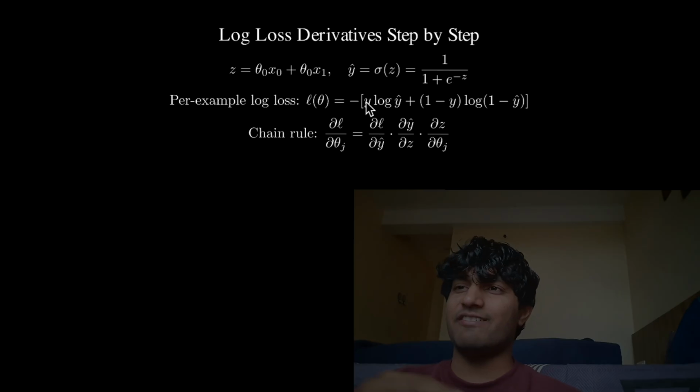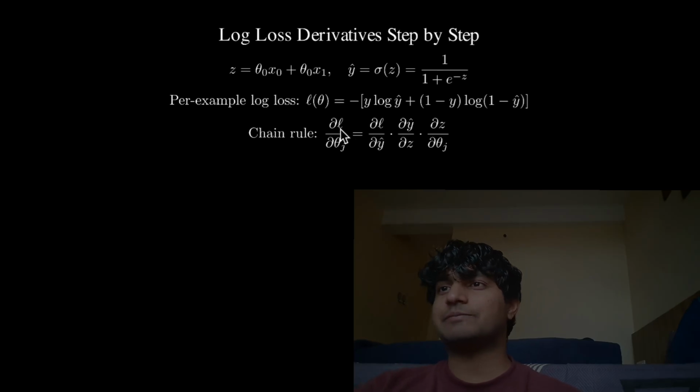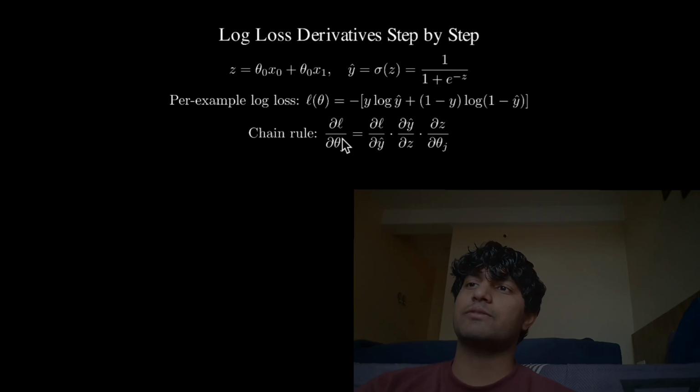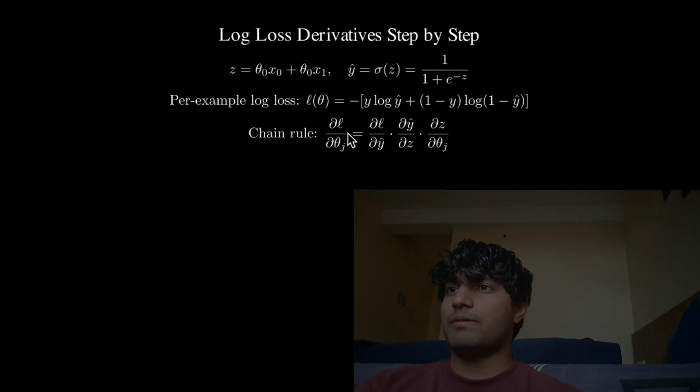But the systematic way is to use the chain rule, and you can write the derivative of the loss function with respect to theta j. We can break it into multiple parts. First, we find the derivative with respect to only y hat. Don't think that y hat is another function, just think of y hat as a variable.